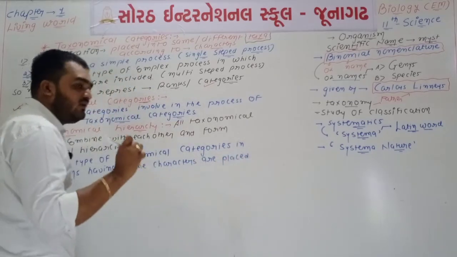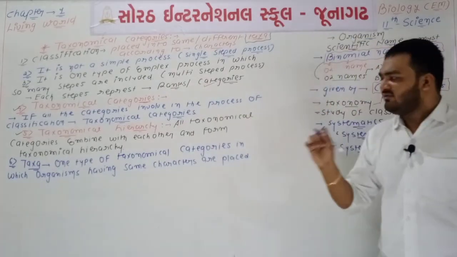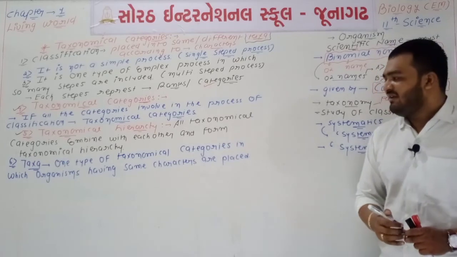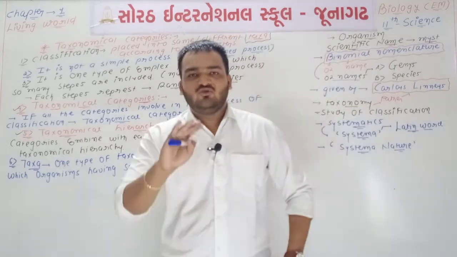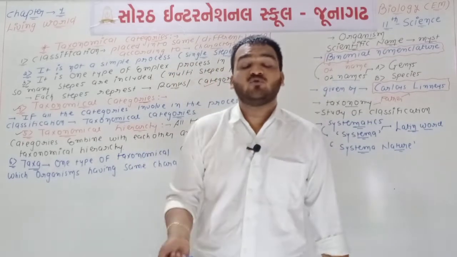Okay, what is the meaning of taxa? See, this word is important. What is taxa? It is one type of taxonomical category in which organisms having the same characters are placed. For example, you and I are both one type of animal. Yes, we are human, and humans are one type of social animal.